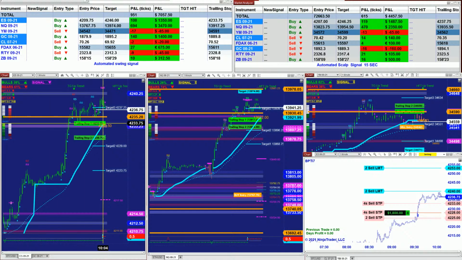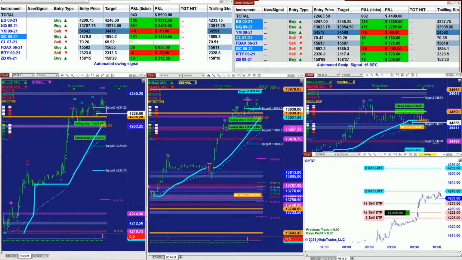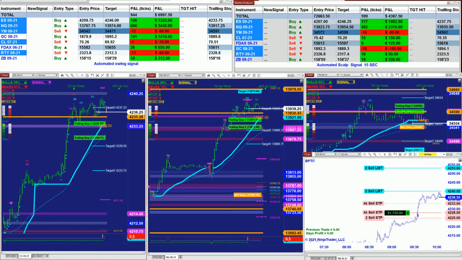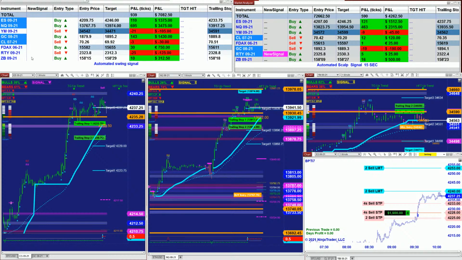Going back on the pullback, the pullback re-entry is 4233.75. It's very high right now. It's at the end of the trend, but if you are insistent on going long, it is 4233.25.